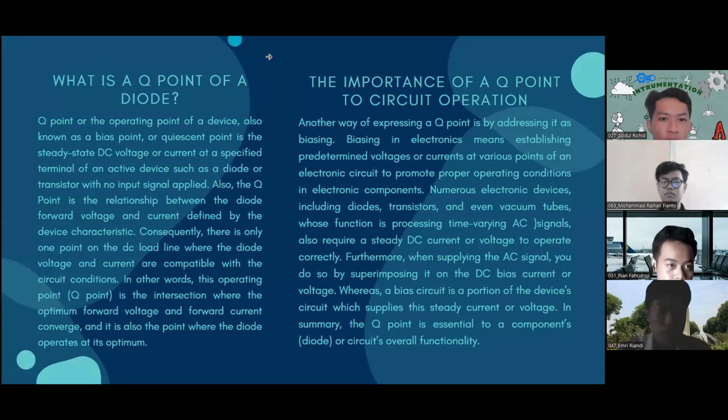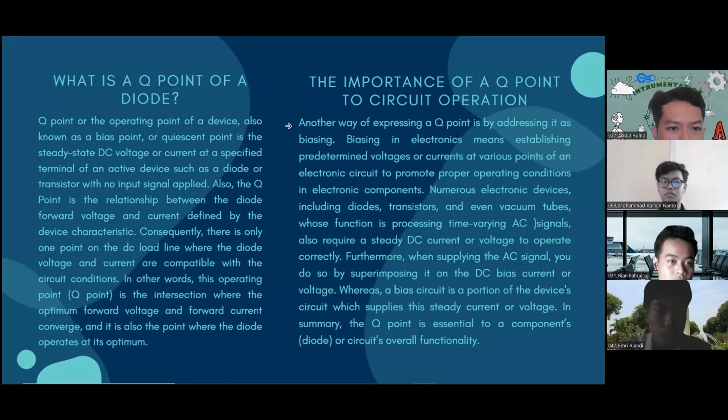It is the Q point of a diode. Q point is the operating point of a device, also known as a bias point. Our quiescent point is the steady state voltage or current at a specific terminal of an active device such as a diode or transistor with no input signal applied. Also, the Q point is the relationship between the diode forward voltage and current defined by the device characteristic.